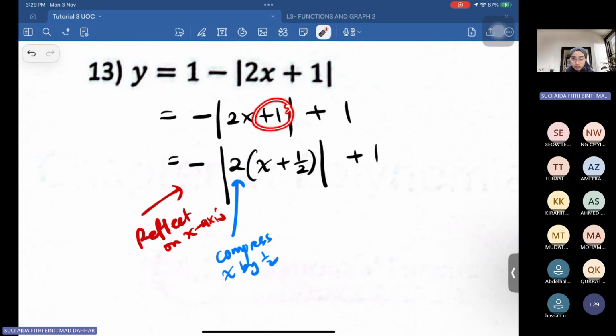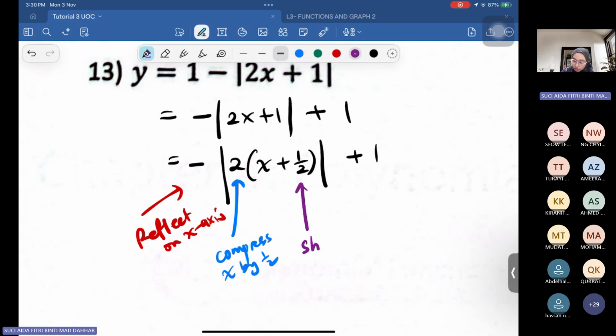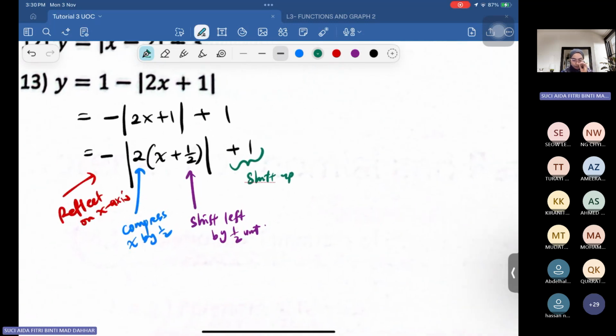Later when you shift, you have to shift by half unit. That's why I like them to be written in factorized form, so that you don't make this mistake. Okay? That's a common mistake done by students. So this is shift to the left by half unit only. And then lastly, this outside here is shift up. So there are 4 of them.